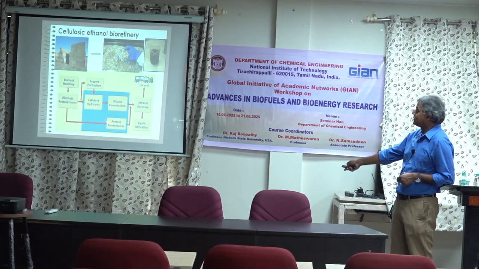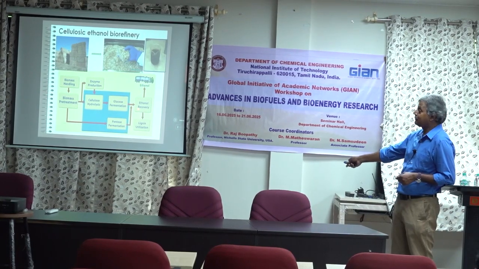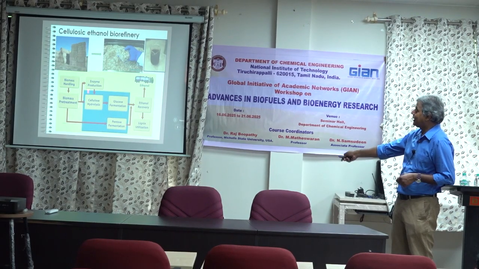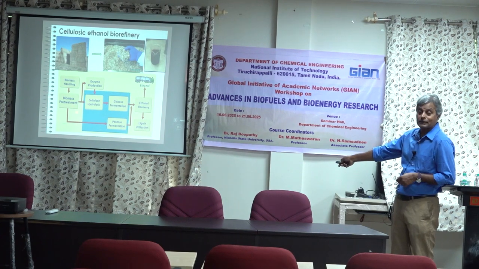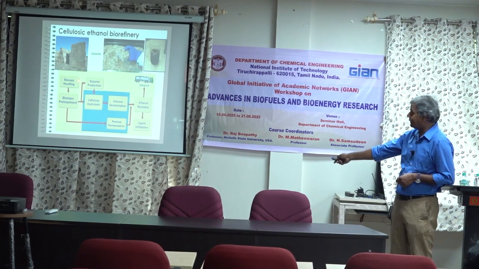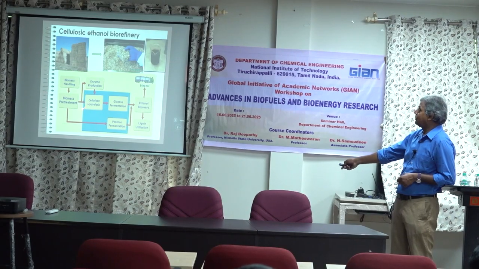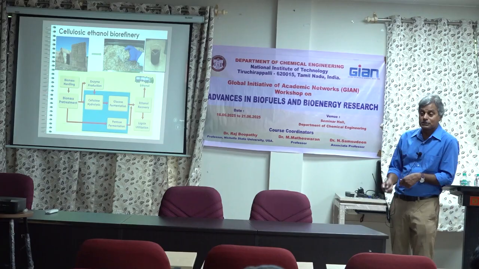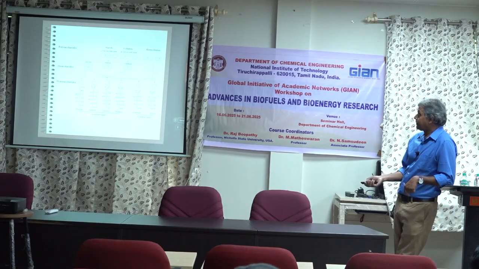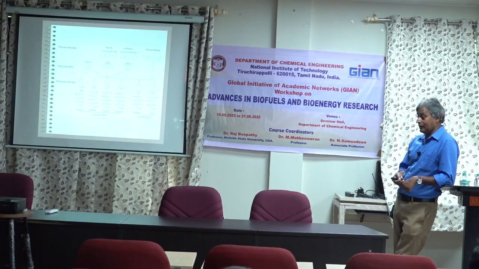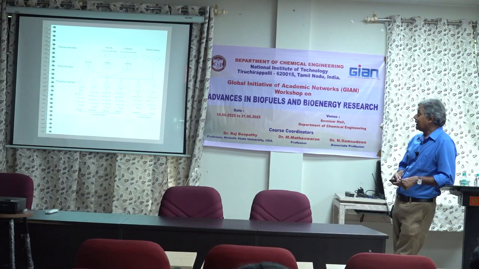The hemicellulose is your pentose sugar, which goes to the fermentation. So you have to go through this pre-treatment process and enzymatic saccharification process before it goes to fermentation. Up to this point is different compared to 1G; 2G has these steps added, and the rest is all the same as 1G. Okay.